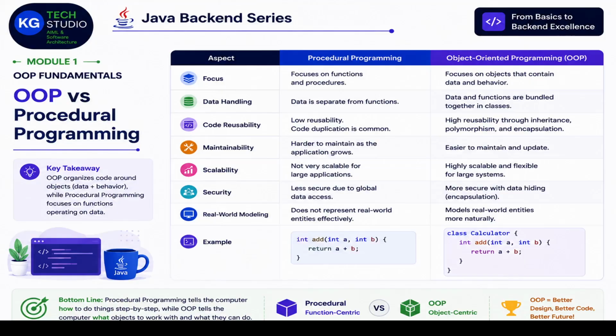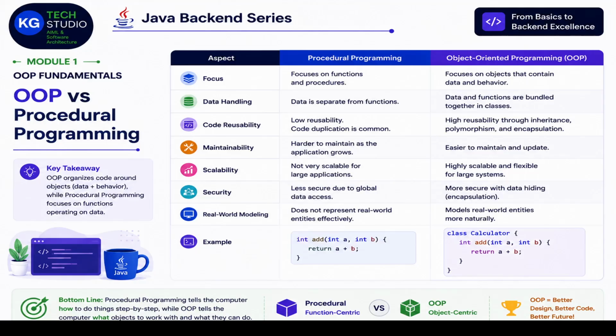So object oriented programming focuses on the object that contains data and behavior, data like the bank balance, right? And behavior like deposit or withdraw money, correct? They bundle the data and functions in the same class.